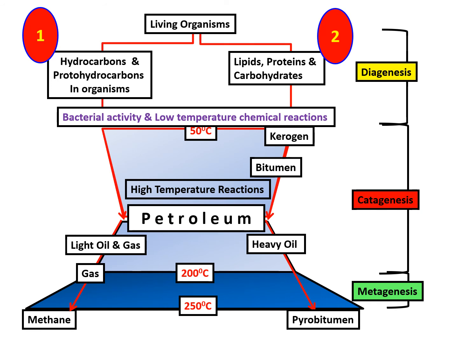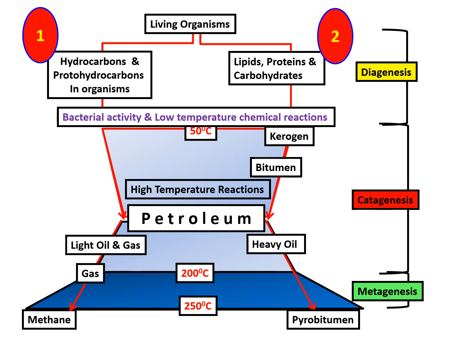So meaning that in the second pathway, there are no free hydrocarbon formations until the kerogen is heated up at a high enough temperature to crack and release the hydrocarbons.